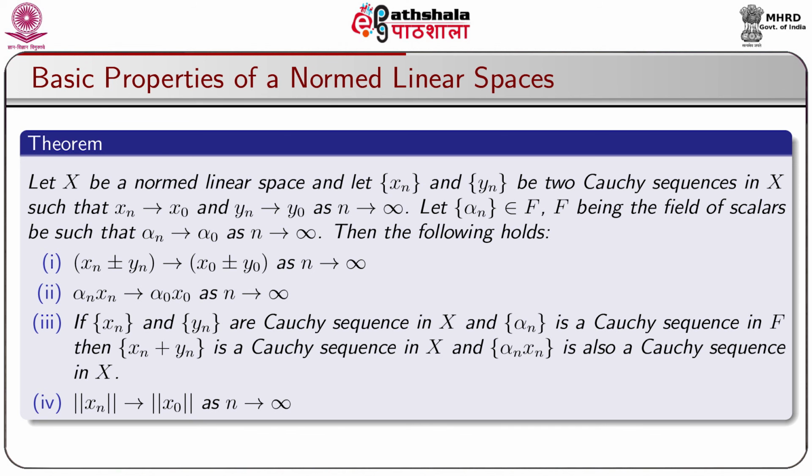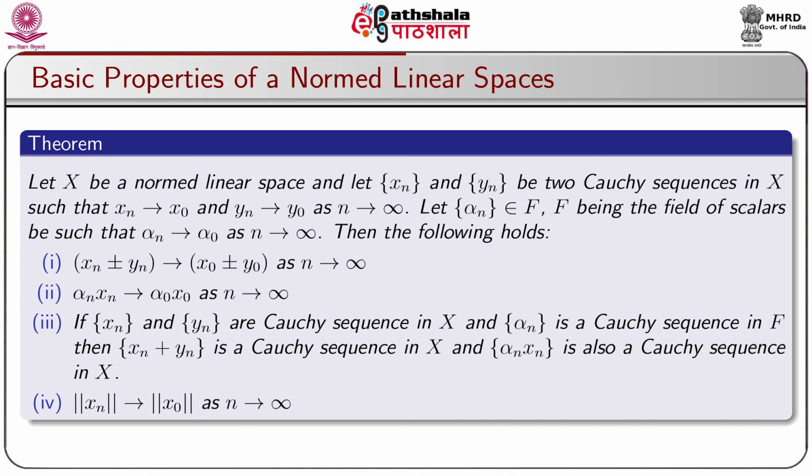So, the following holds. Number 1, xn plus minus yn goes to x naught plus minus y naught as n tends to infinity. Number 2, alpha n xn goes to alpha naught x naught as n tends to infinity.